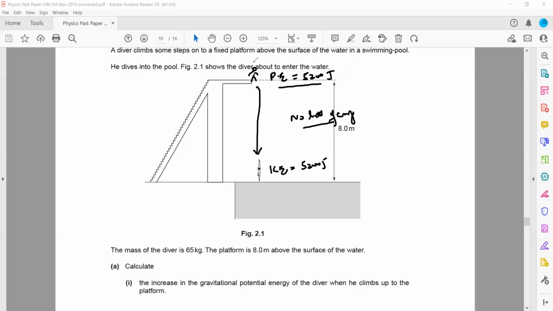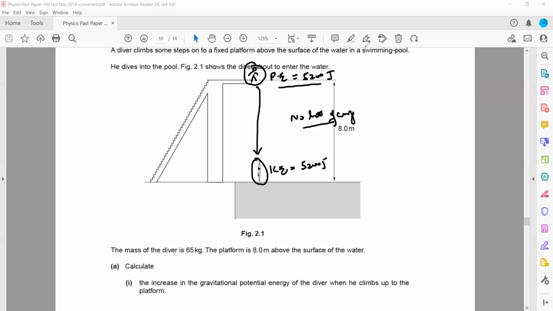So if he was having a potential energy of 5200, as he jumps, before hitting the surface, he will have all kinetic energy, which is also 5200 joules, because energy cannot be created nor destroyed. It changes its form from one to another.